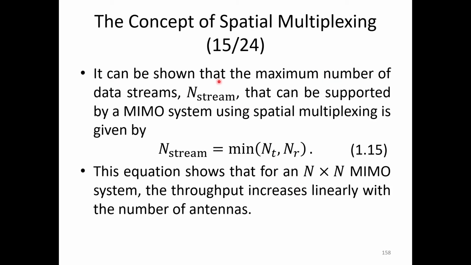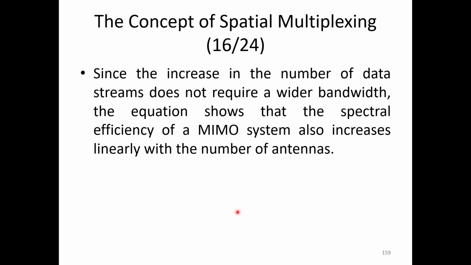It can be shown that the maximum number of data streams, N_stream, that can be supported by a MIMO system using spatial multiplexing is given by N_stream equals the minimum of N_T and N_R. This equation shows that for an N by N MIMO system, the throughput increases linearly with the number of antennas.